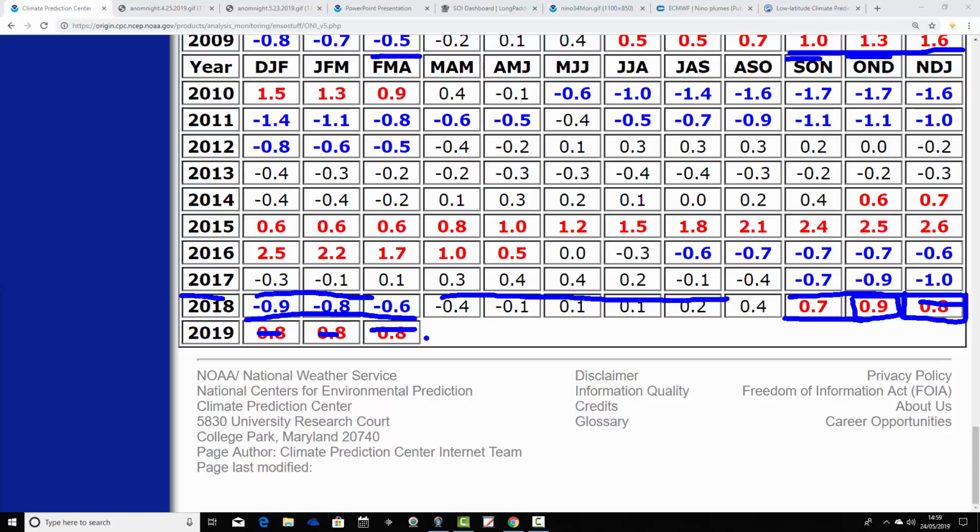The temperature has been very, very stable at 0.8 of a degree above average, so it's just a little bit under 1 degree above average. Still meeting the El Nino threshold, still over half a degree above average. But this is a really, really weak event.